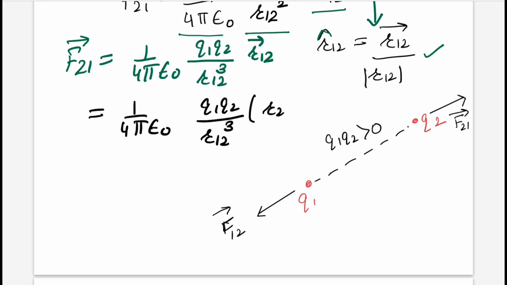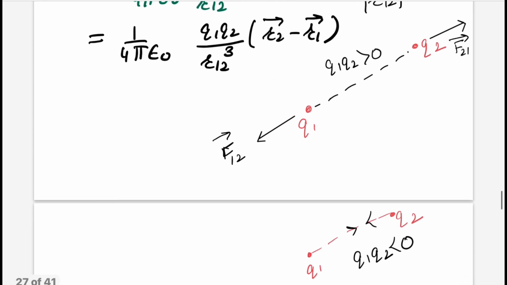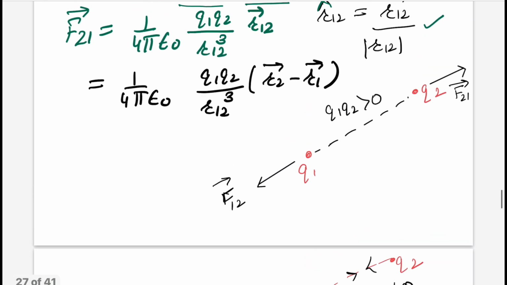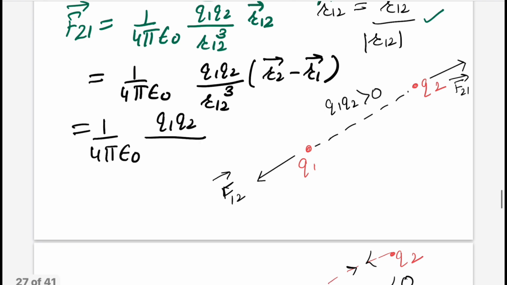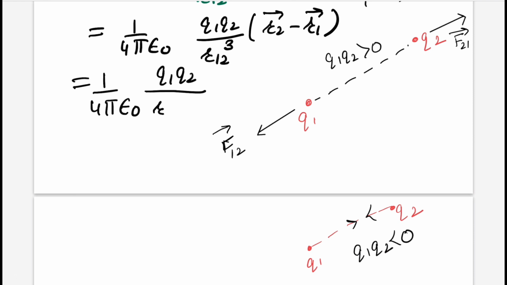R12 can be written as R2 vector minus R1 vector. We have derived this by using the triangular law of vector addition. Even this equation can be more simplified if you write 1 upon 4 pi epsilon naught Q1 Q2, the charges, the magnitude can be written as R2 vector minus R1 vector cube into R2 vector minus R1 vector, right?